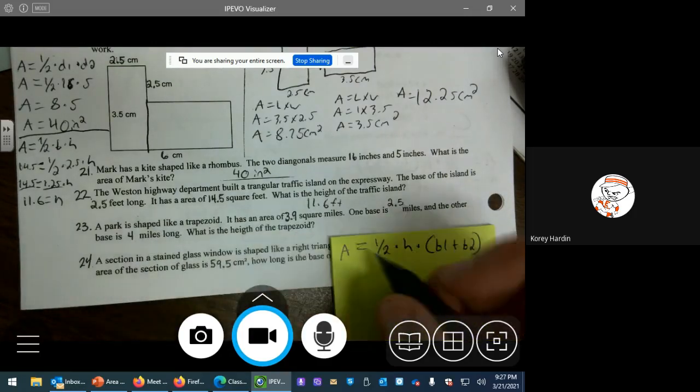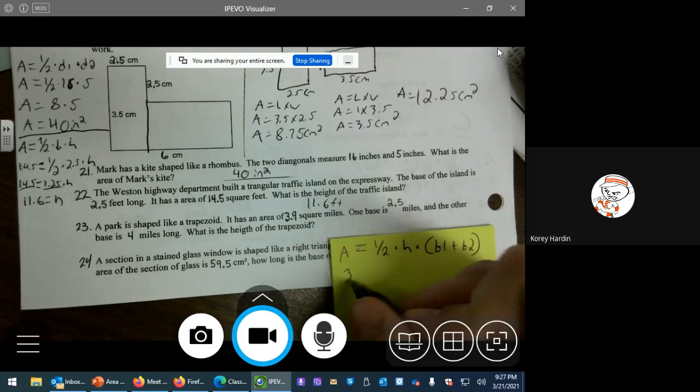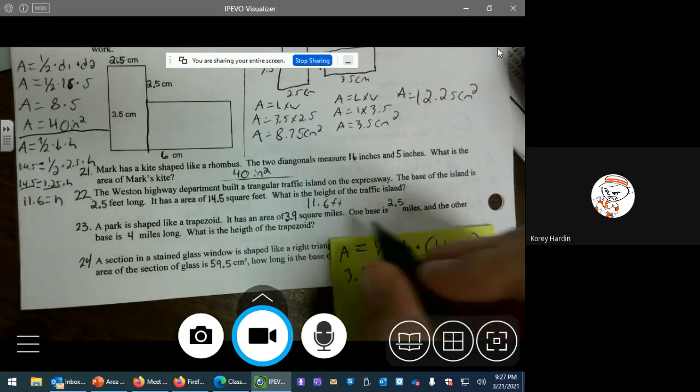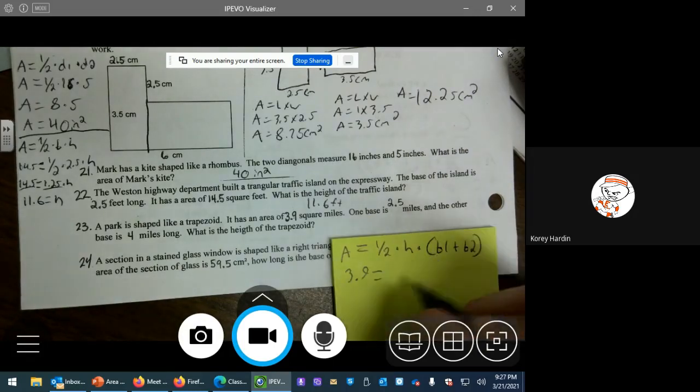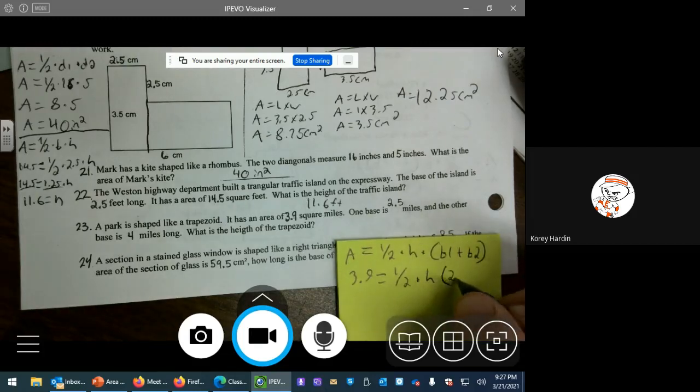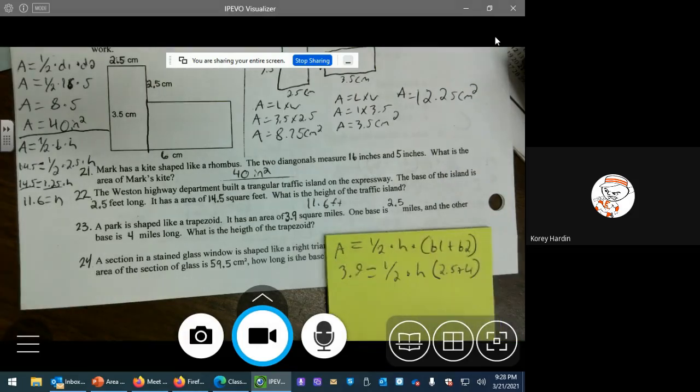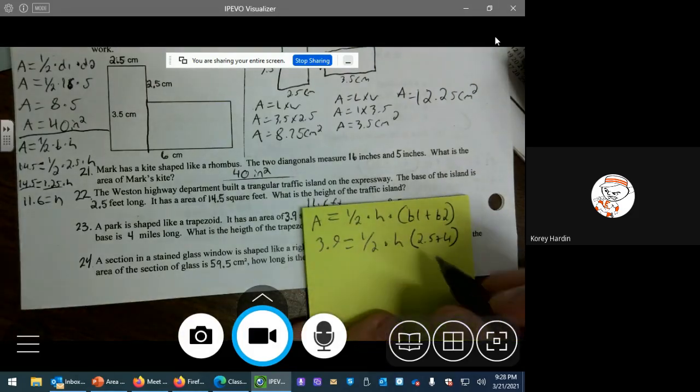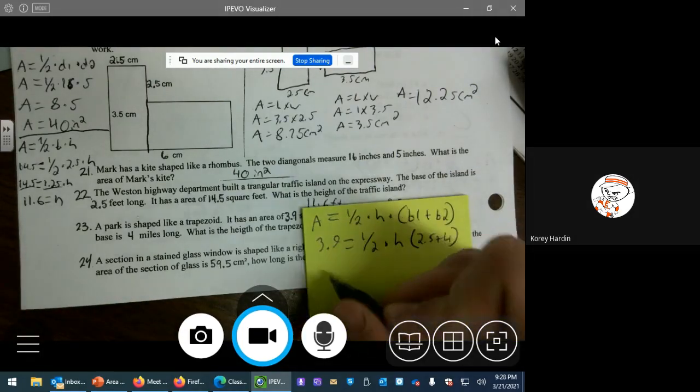I've got an area of 3.9. One base is 2.5, so I've got that. I don't have the height, but for base 1, I've got 2.5, and base 2 is 4. Okay, so that allows me to calculate this.